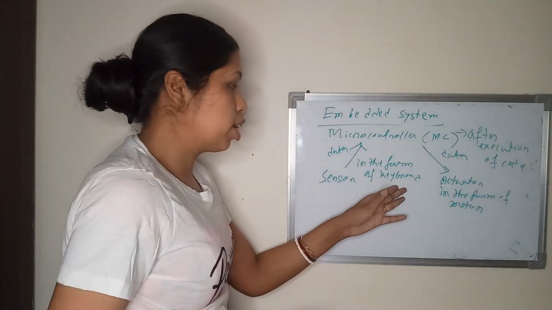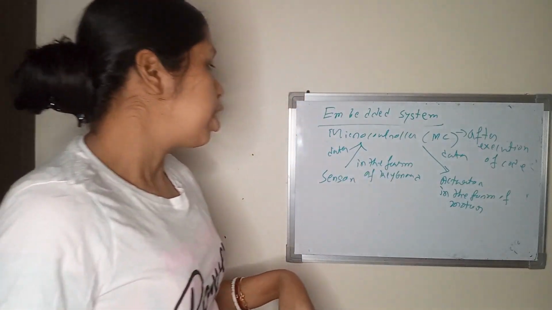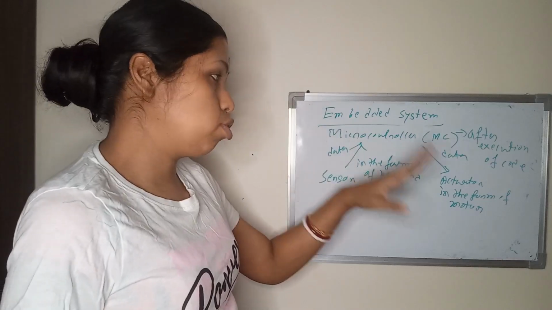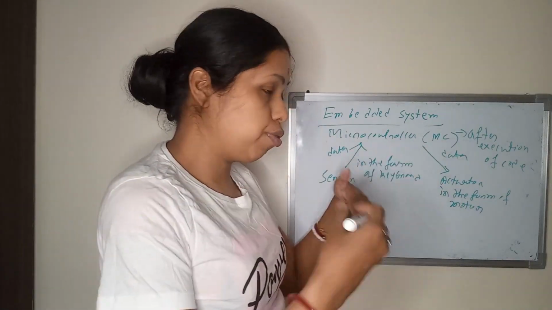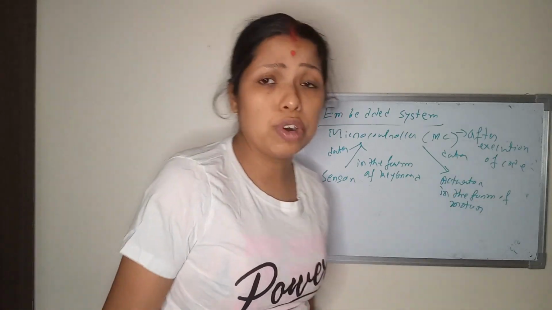So from the keyboard, it will collect some data and transfer it to the microcontroller. It will execute some code. After that, the modified form of the data will be transferred to the actuator in the form of a motor.